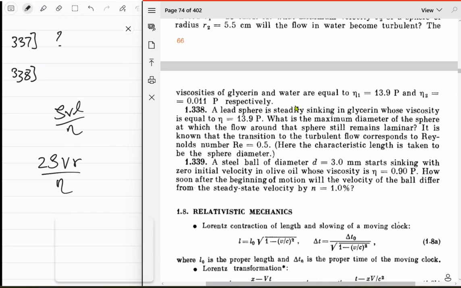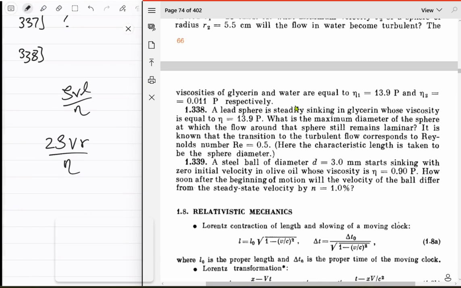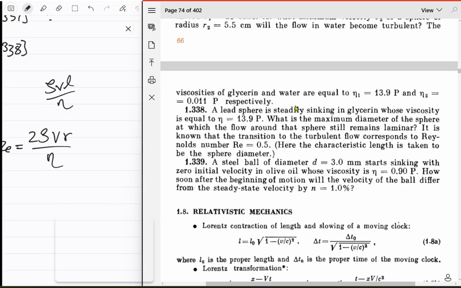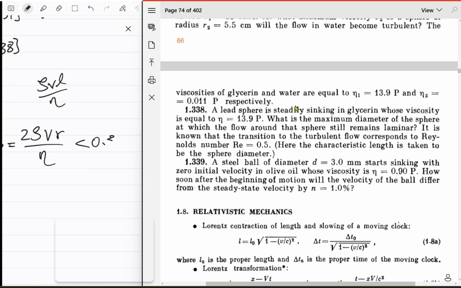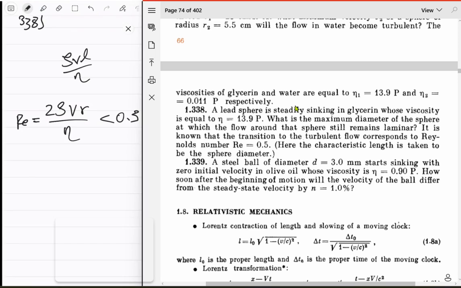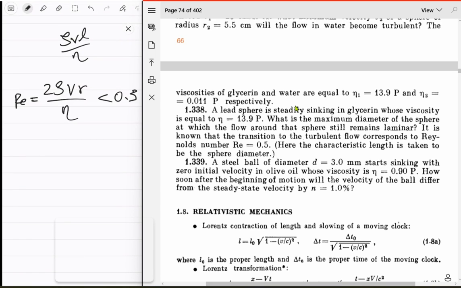Right, let's try to do this thing. So this is the Reynolds number, and this should be less than 0.5. That's our condition, so that it remains laminar, right? I think so. We can figure out what v is. That is actually doable. So 6 pi r eta times the velocity.